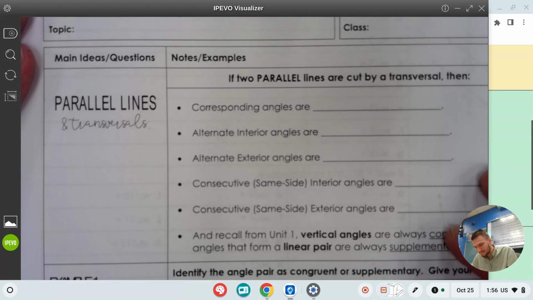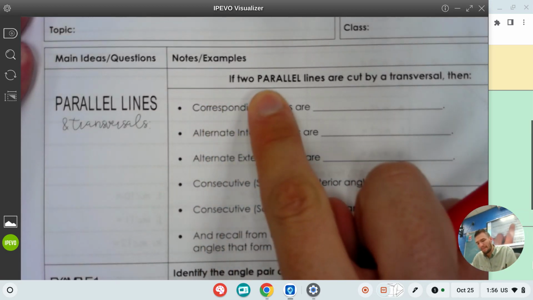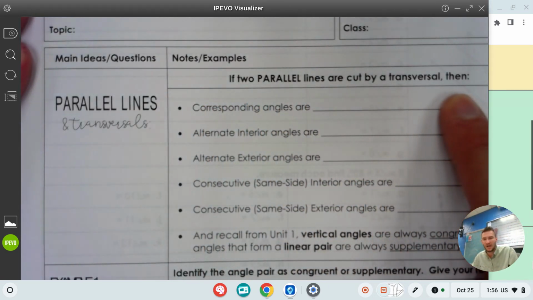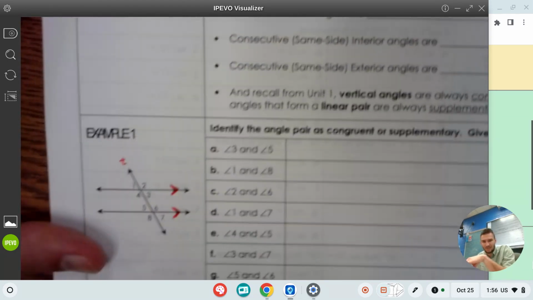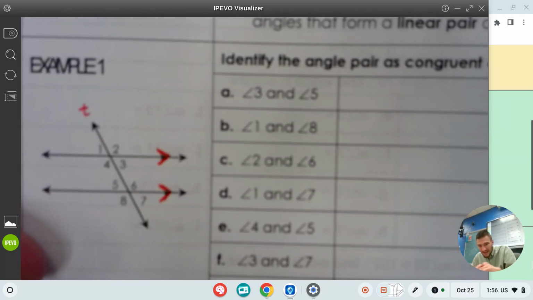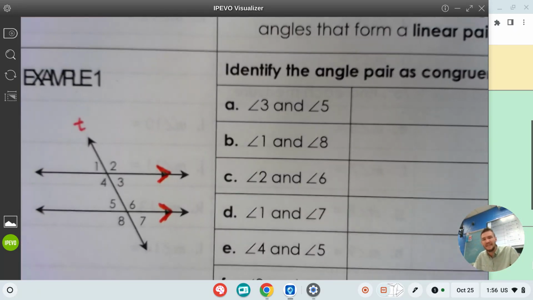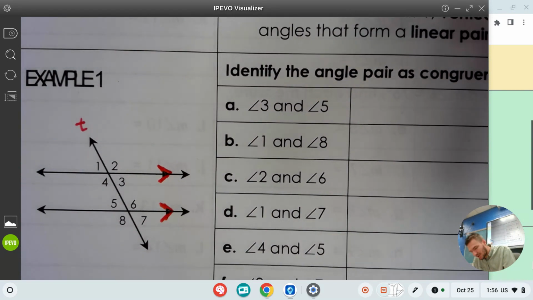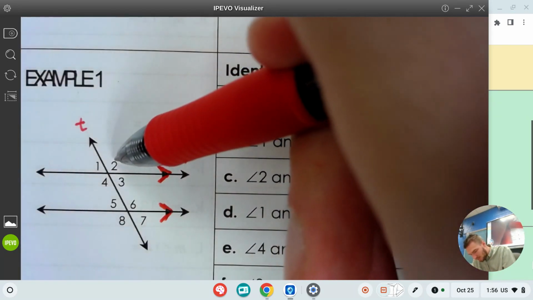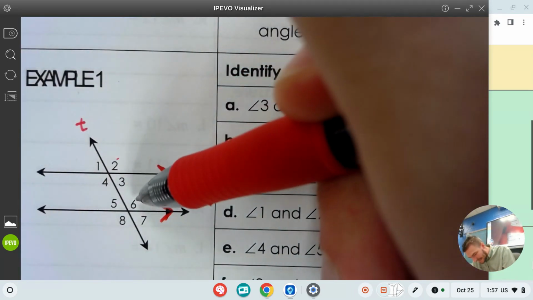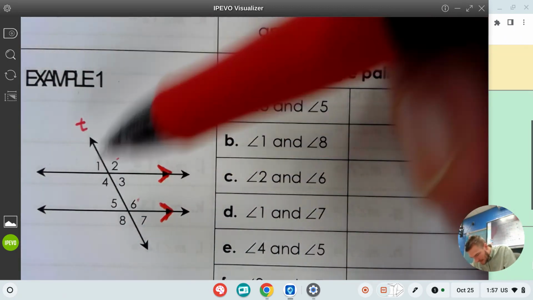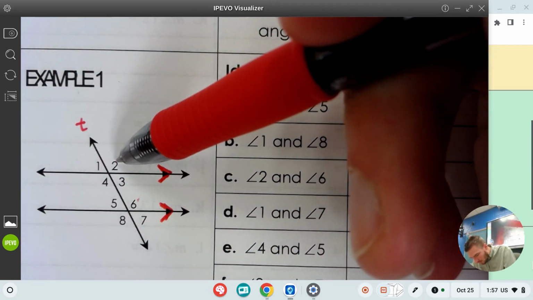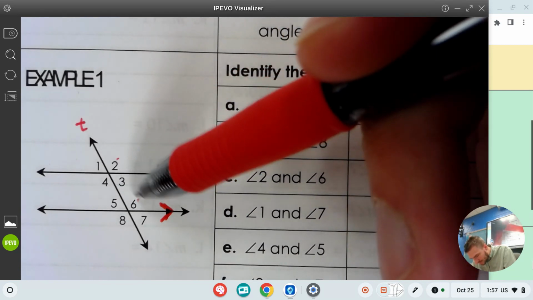Okay? If two parallel lines are cut by a transversal, then, so let's look at this, okay? Let's say we have corresponding, that would be like 2 and 6. You guys agree that 2 and 6 are corresponding? So, what do you notice about 2 and 6?